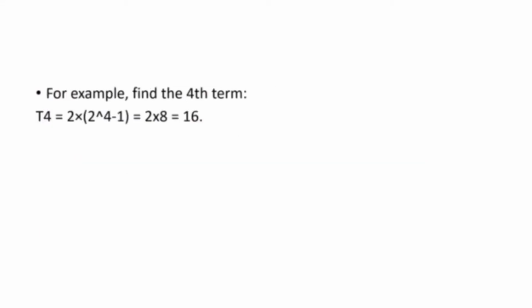For example, find the fourth term. Fourth term is equal to 2 multiplied by 2 to the power of 4 minus 1, equal to 2 multiplied by 8, equal to 16.